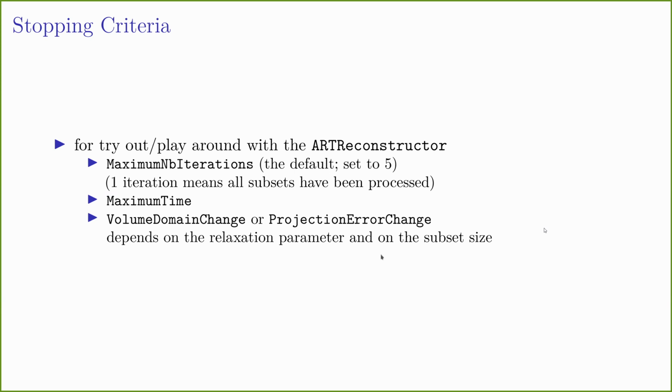There is a disadvantage of these techniques that it depends on the relaxation parameter, as you could imagine, because if you choose a very low relaxation parameter, then we are much faster below this threshold, because a low relaxation parameter changes not so much in our solution. And it also depends on the subset size. If we have many subsets, then we have a lot of change within one iteration. And so there's also an additional dependency on this. And the thing is that all stopping criteria are only evaluated after a full iteration. So after all sub-iterations are processed, then it will check for any kind of the available stopping criteria.